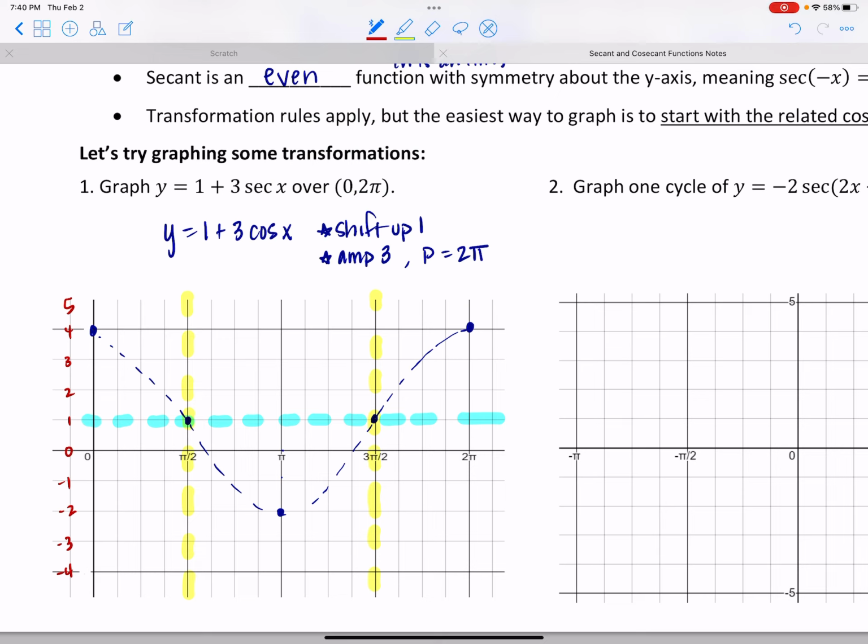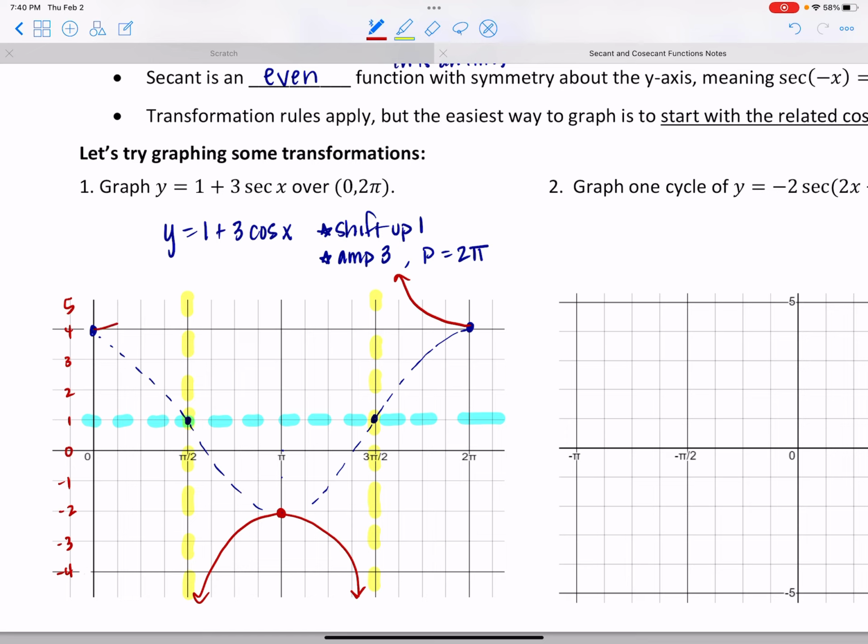So for example, this is my minimum. That's going to be the vertex of my parabola, which is going to go the opposite direction that cosine was going. So instead of my cosine going this way, I want to go the other direction. So I'm going to go like this, and I'm going to go like this. And then the same thing over here. This one's going to go up this way, and I don't have to go the other way because I'm only graphing from 0 to 2 pi.